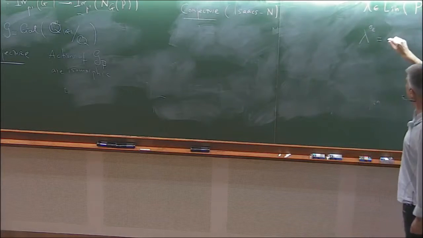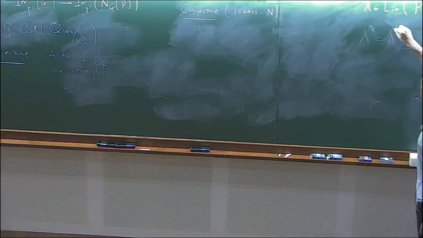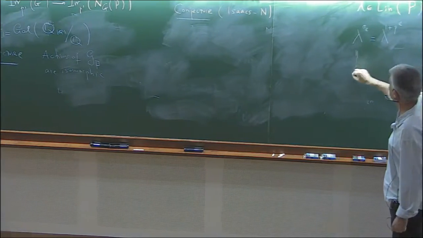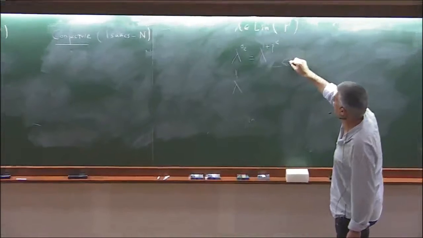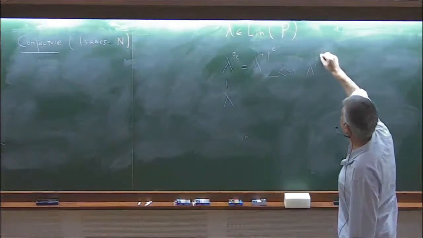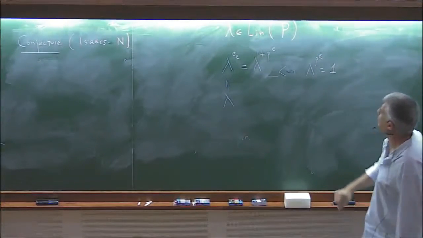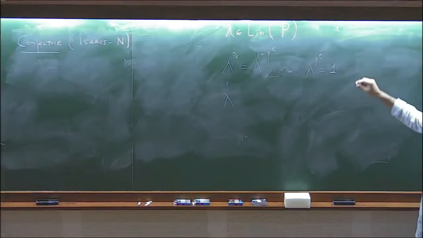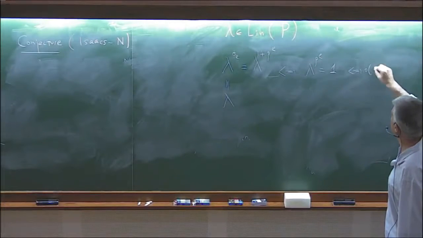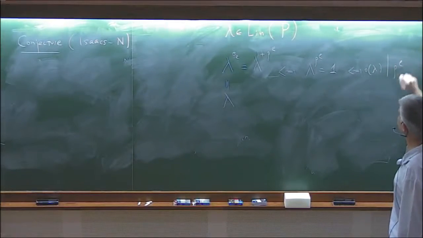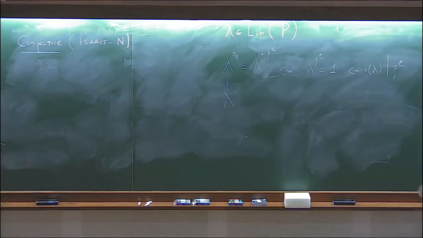Well, you can check easily that lambda sigma E is lambda to the P to the E. This is fixed if and only if lambda P to the E equals 1, so if and only if the order of lambda divides P to the E. Now you would understand better our conjecture.